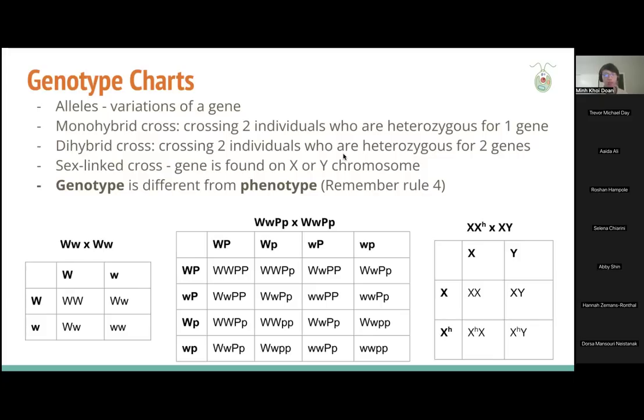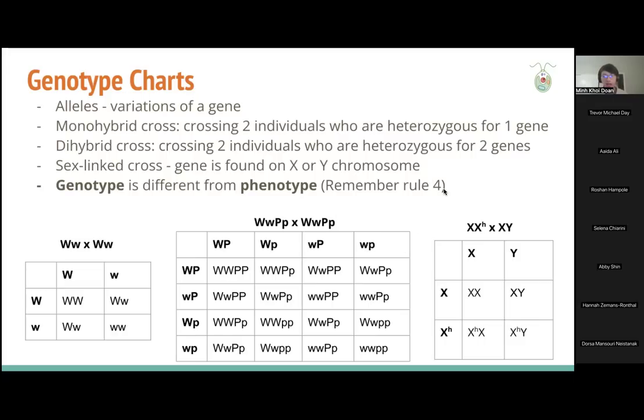Lastly, and very importantly, are sex-linked crosses. So these are used for when the gene is either found on the X or Y chromosome. And very importantly with these types of questions is that the sex of the individual can often determine the likelihood of inheriting a disease. For example, let's consider the chart on the bottom right with X and X^H.